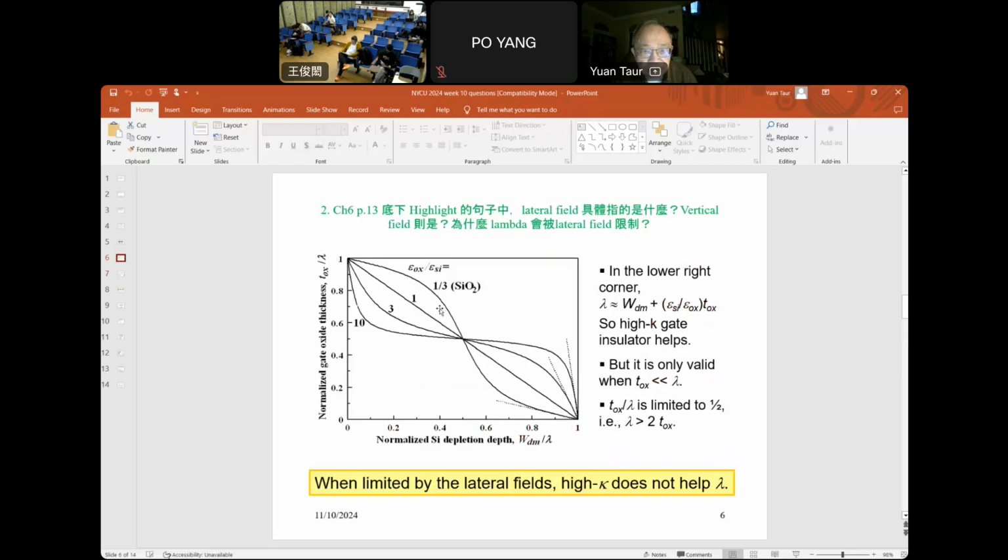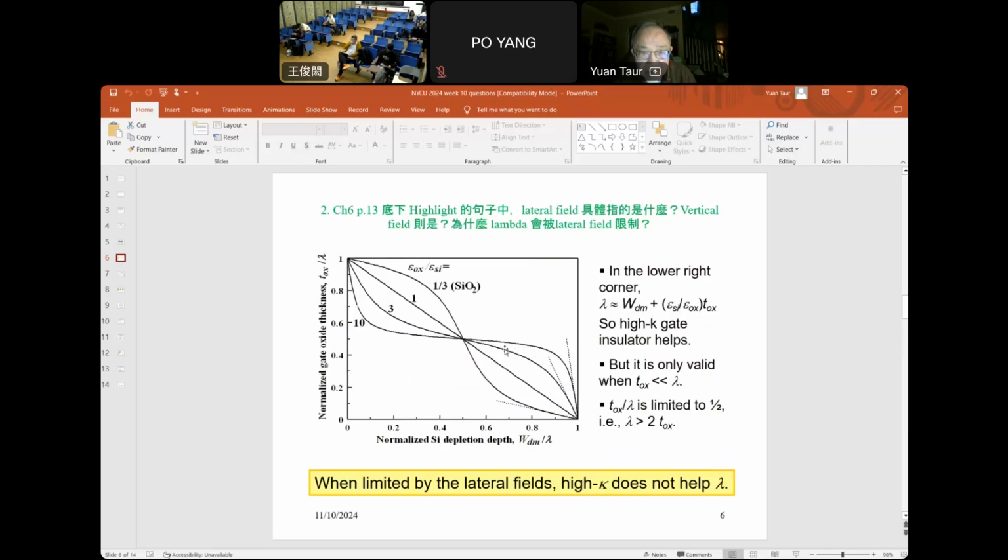Let's follow this curve here. But this approximation indicated by the dotted line doesn't represent the curve once oxide is thick, because this corner is when oxide is very thin. But when oxide is thick, then all 4 different curves merge together.